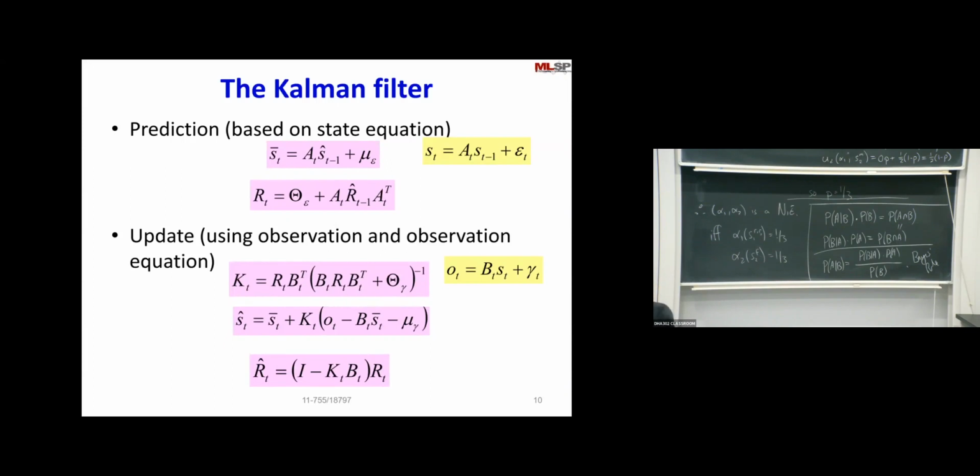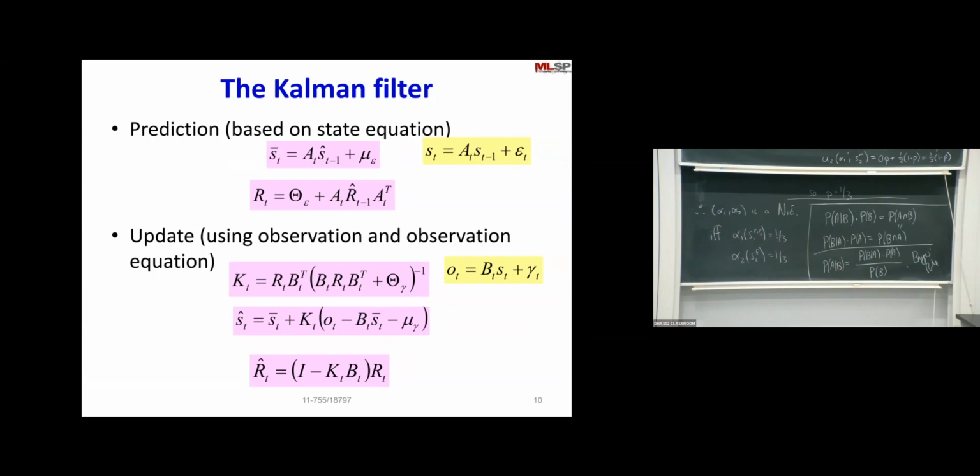And then if the state at time t minus 1 has some uncertainty, R hat t minus 1, then the uncertainty at time t is going to be A times R hat t minus 1 times A transpose plus the variance of the noise, right? That's just the prediction.